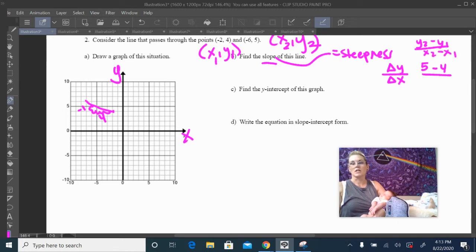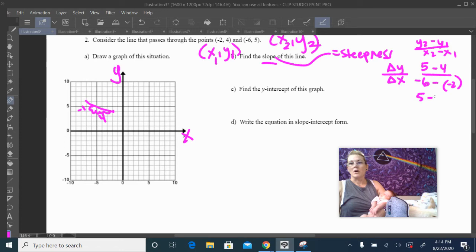It doesn't matter which one I chose as the first coordinate and the second, but it does matter that if I chose 5 to be my second y value and 4 is my first, then I also choose the second x value, so -6, so those match up, over, so minus a -2, so those also match up as an ordered pair.